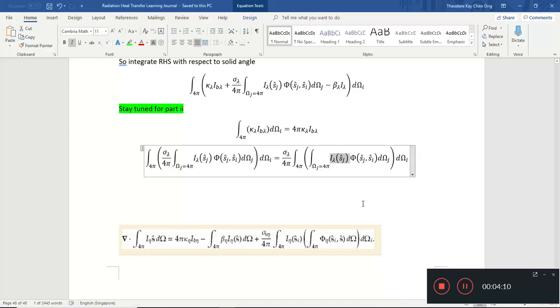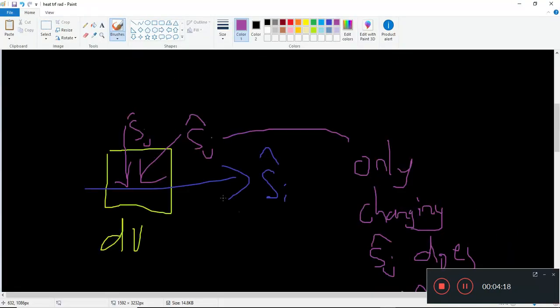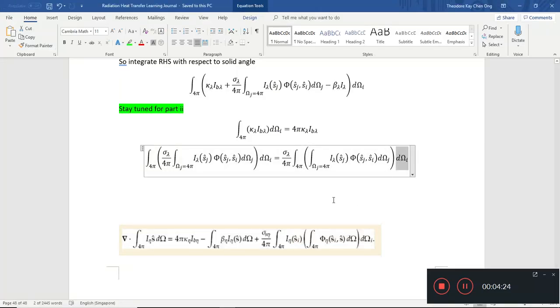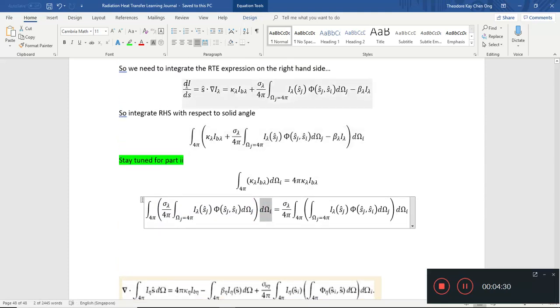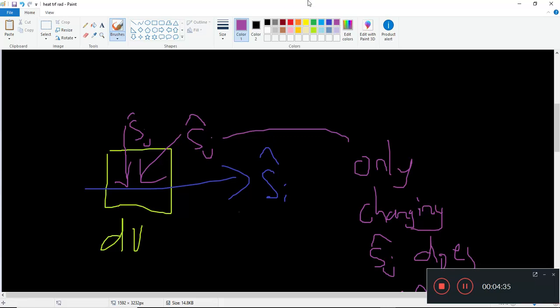So what do we have here? We have this d omega I, which is with respect to this dI/ds in this direction, and this is s_i.